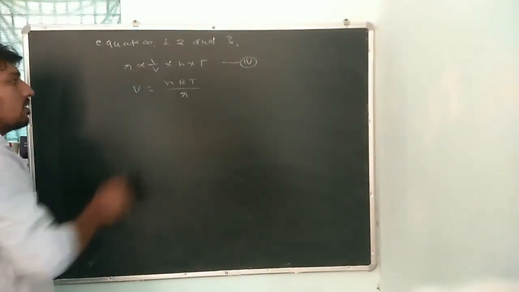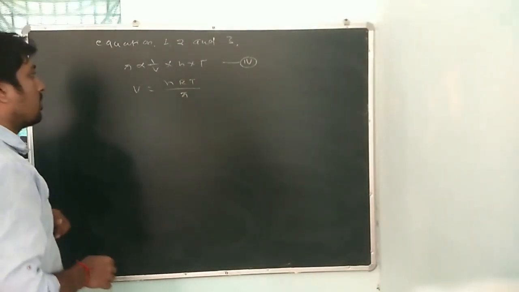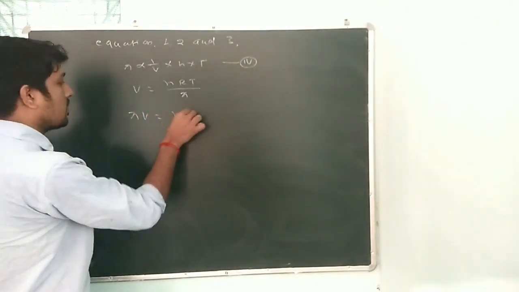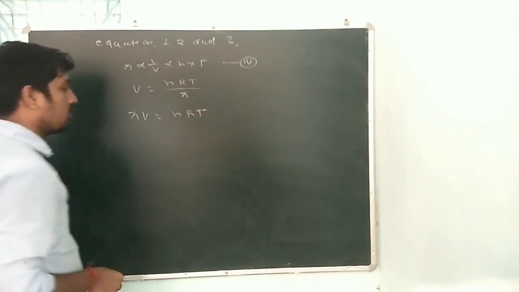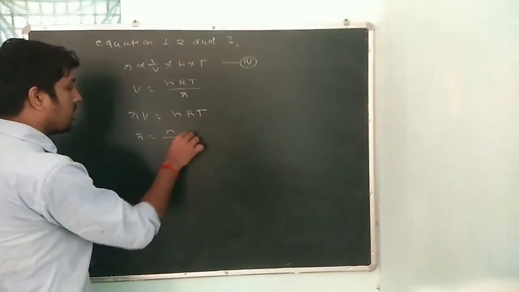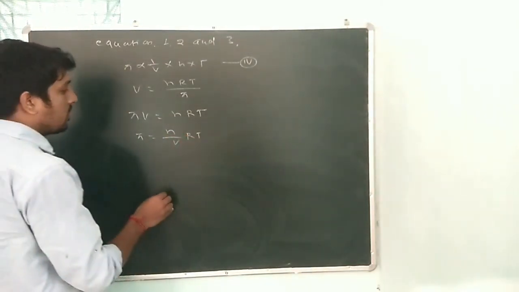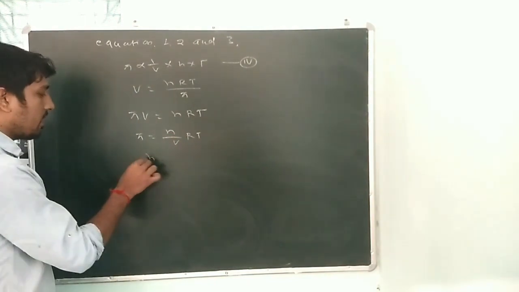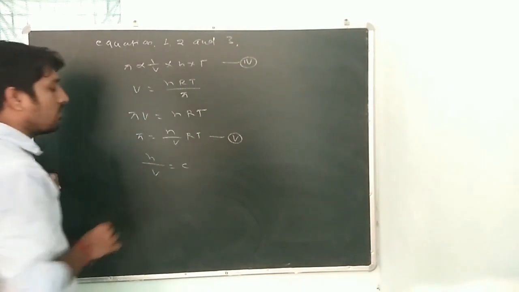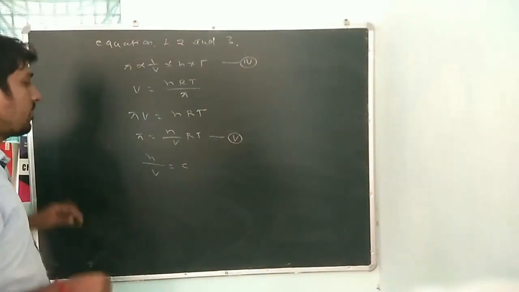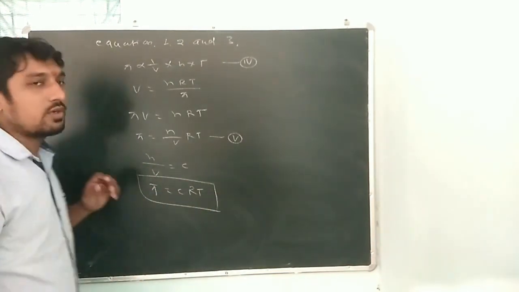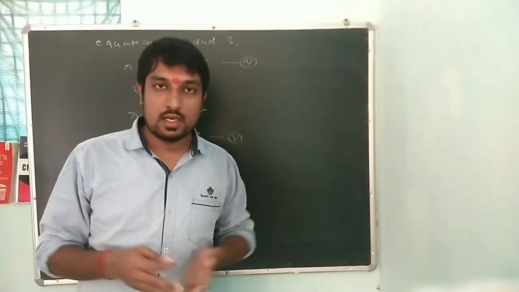R comes in place of the proportionality sign. And pi is equal to nRT upon V. We know that n upon V is equal to C. So you put the value of n upon V in equation number 5 and you get pi is equal to CRT. So this is the osmotic pressure equation, pi is equal to CRT.